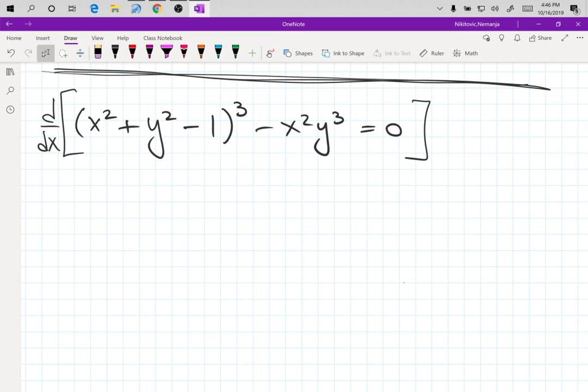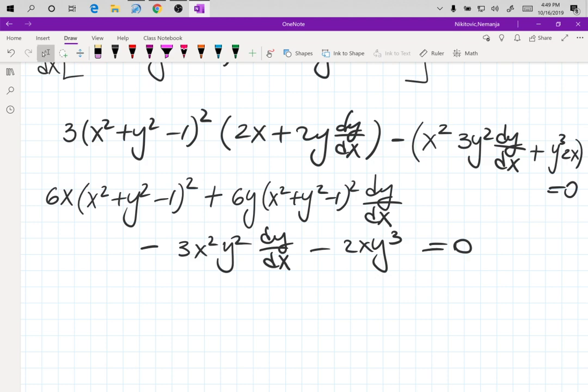Now, terms with dy/dx stay on the left. The other terms get kicked outside. So factor out dy/dx, and you are left with 6y(x squared plus y squared minus 1) squared minus 3x squared y squared. Equal to, kick the other terms to the other side, so that's 2xy cubed minus 6x(x squared plus y squared minus 1) squared.